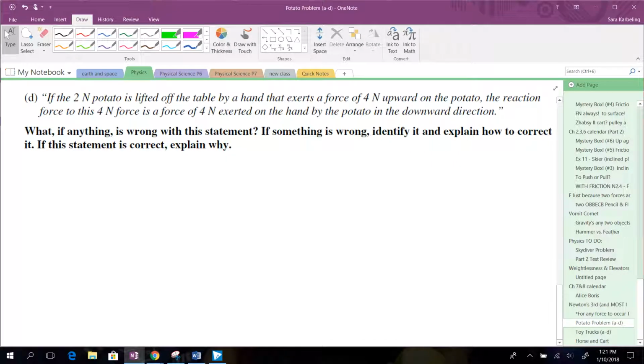If the 2 Newton potato is lifted off the table by a hand that exerts 4 newtons upward on the potato, the force pair to this 4 Newton force is a 4 Newton force exerted on the hand by the potato in a downward direction.